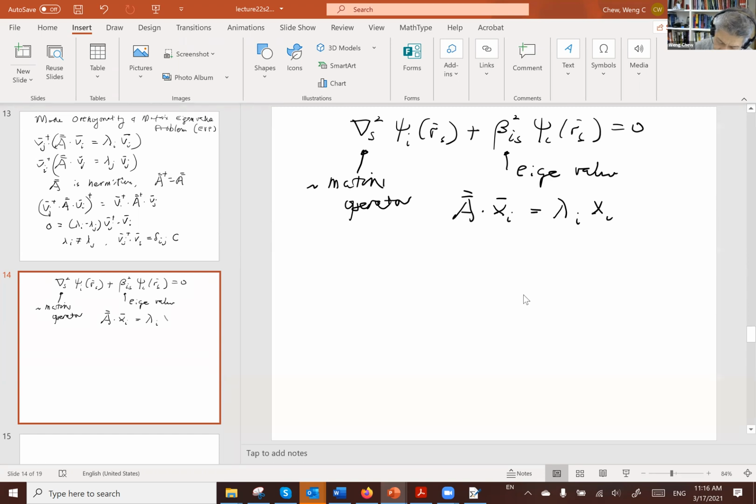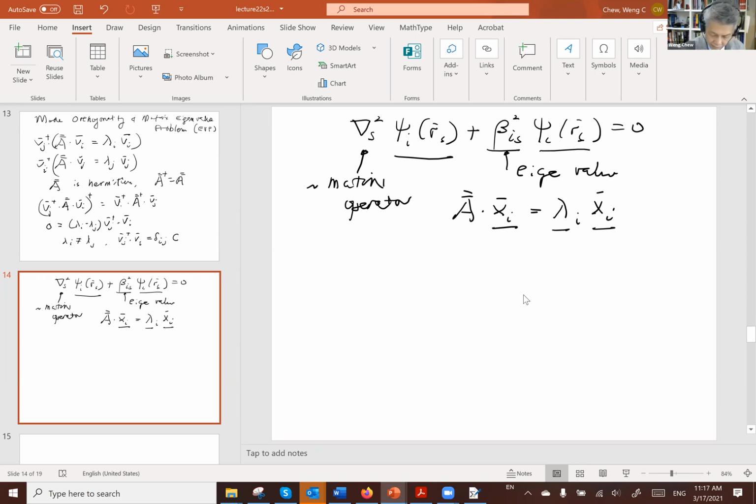These two equations are analogous to each other, which means that I can think of this as being analogous to this, and that being analogous to that, and then lambda sub i being analogous to that. And with this knowledge, you can easily prove that the modes of a waveguide are orthogonal to each other.